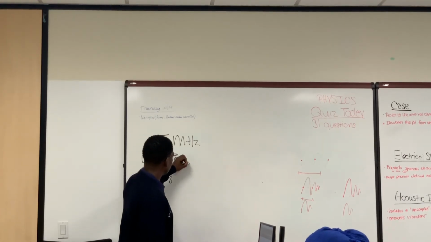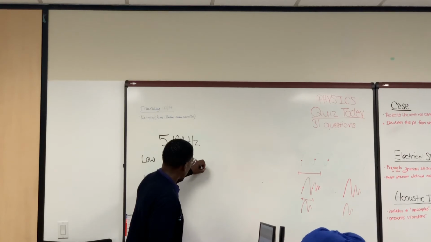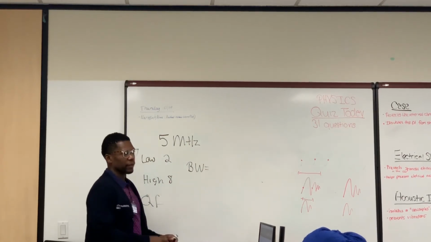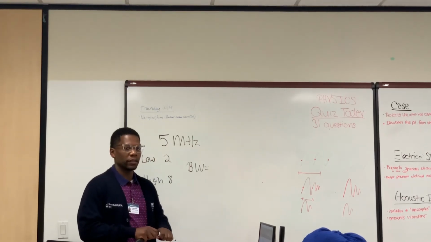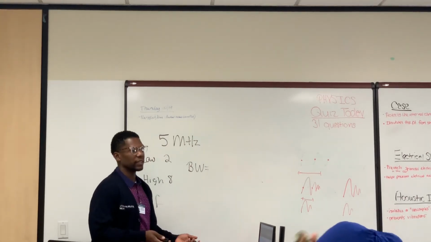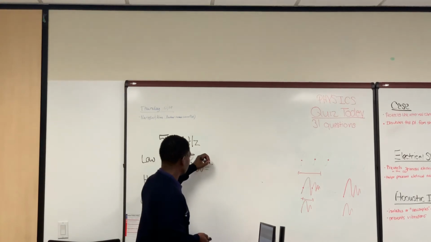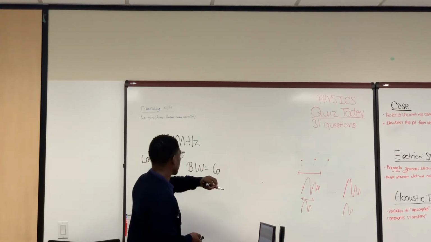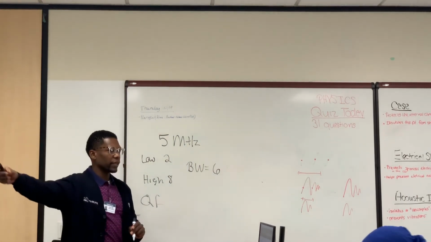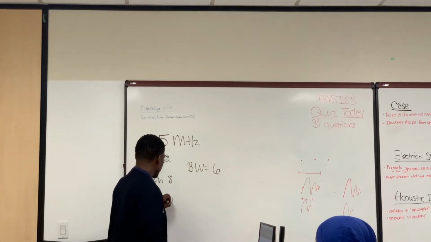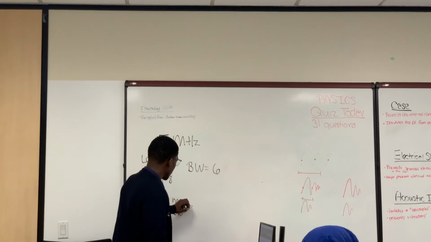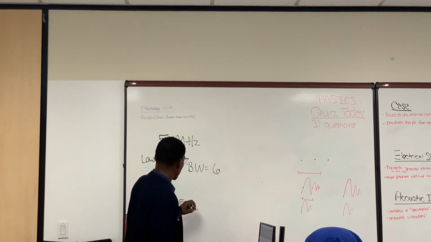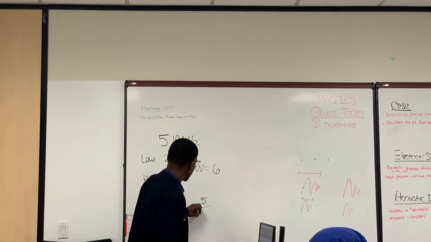So what is our bandwidth? Remember, the bandwidth is the difference between the highest and the lowest frequencies, right? So the difference between 8 and 2 is 6. 6 would be our bandwidth. So our Q factor is going to be the main frequency over bandwidth. Somebody pull their calculators out for us. So our main frequency is 5 over 6.